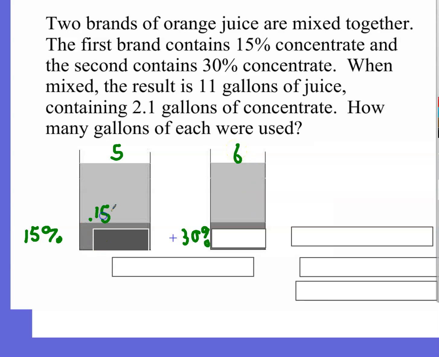15% of 5, that's 0.75. And 30% of 6, that's 1.8. So when I add those together, do I get 2.1?